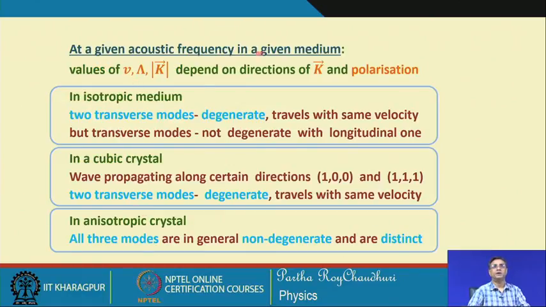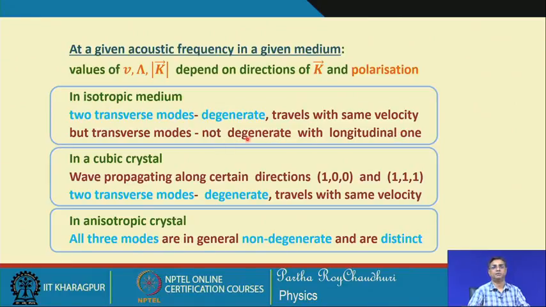At a given acoustic frequency in a medium, the values of V, the velocity, the periodicity and the propagation vector depend on the direction of k, and all put together, they decide this polarization. So, in an isotropic medium, you have two transverse modes, which are degenerate and travel with the same velocity, but the transverse modes are not degenerate with the longitudinal mode.